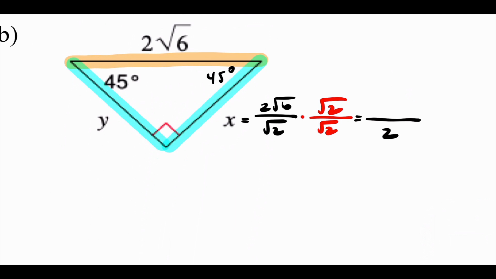The top: am I going to multiply 2 times 2, or am I going to multiply 6 times 2? 6 times 2, right? So I get 2 on the outside, and I get square root of 12.